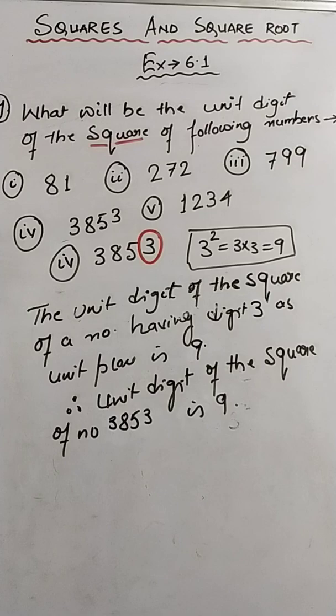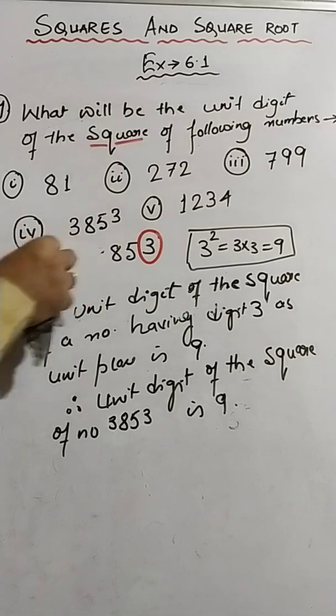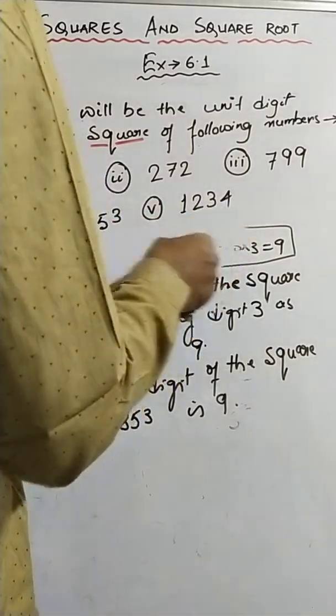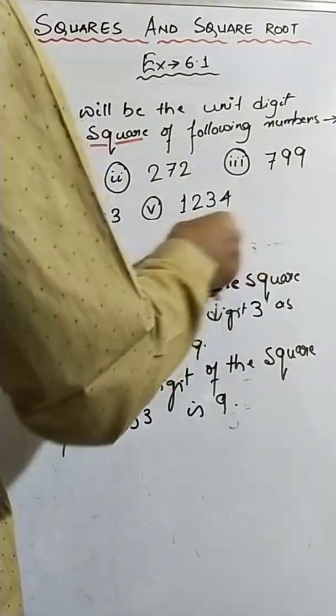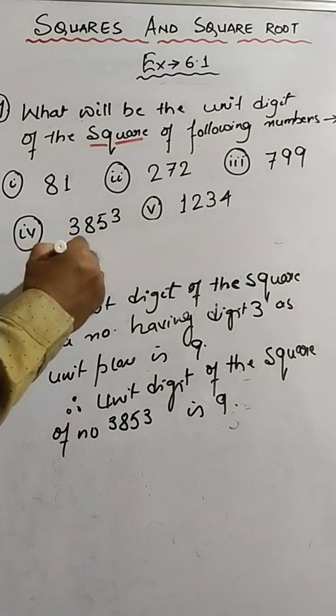Okay? So this is what exactly you have to do with sum number 4 and also with sum number 5. So let's do sum number 5. Now what is sum number 5? We have 1, 2, 4, 3, 4.